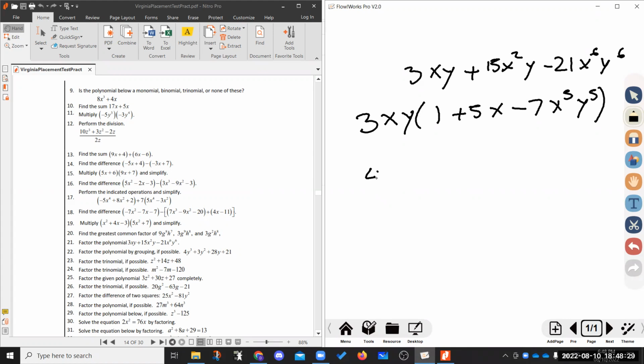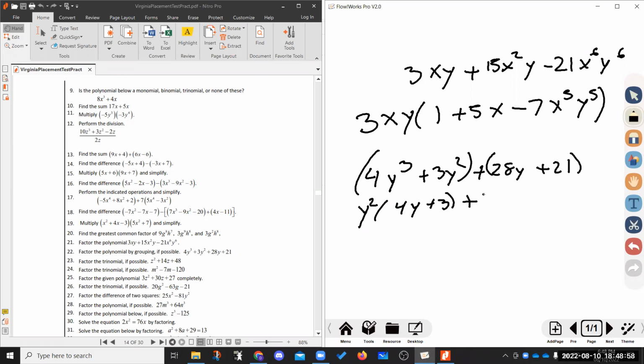The next one tells me to factor by grouping if possible, 4y to the third plus 3y squared plus 28y plus 21. I'm going to group the first two and the last two. If this is a subtraction sign, remember to make it plus a negative and keep a plus sign between the two sets of parentheses here.